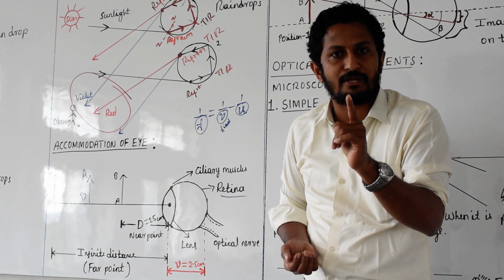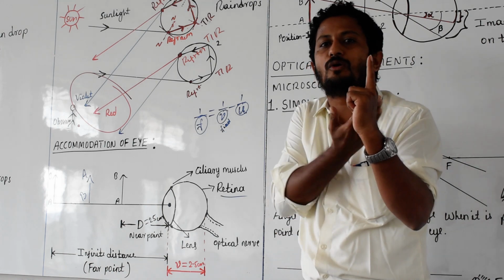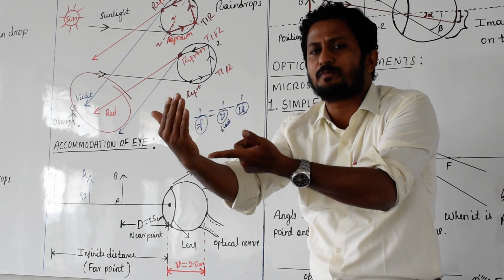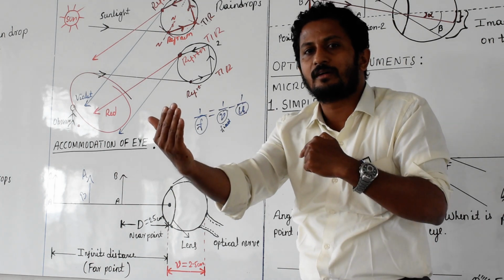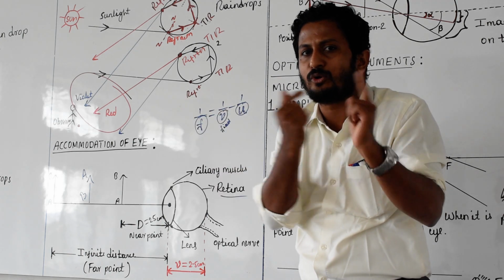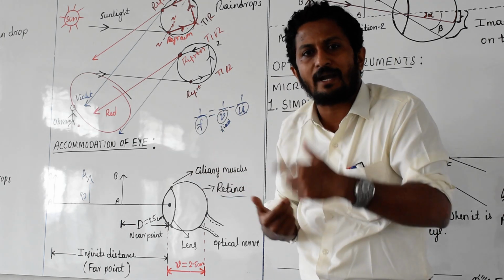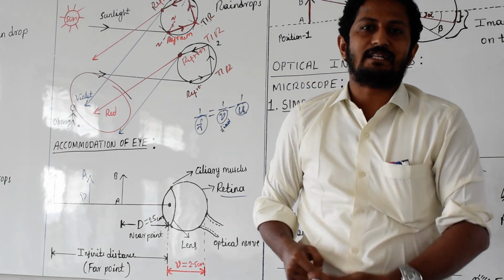Have you understood what I mean to say? When you look at a near body, your eye gets its image on your retina. When you look at a far object, even then your eye gets its image on the retina. Means what happened? When you looked at a near object and a far object, there is an automatic adjustment in your eye's focal length.